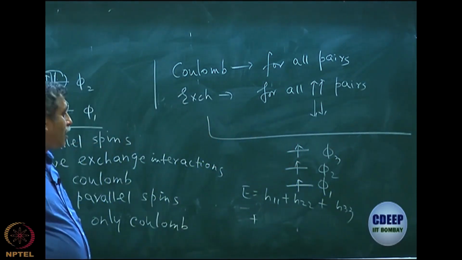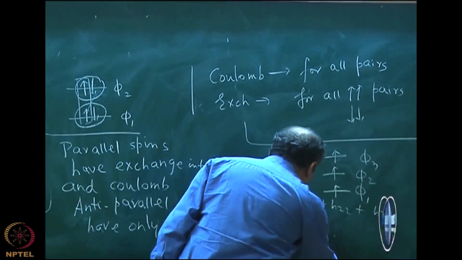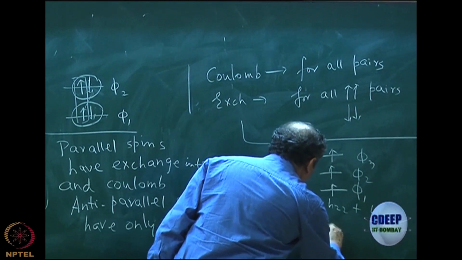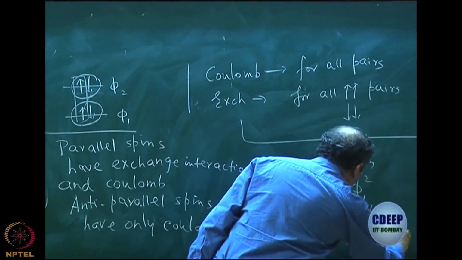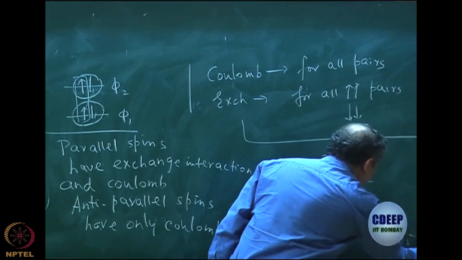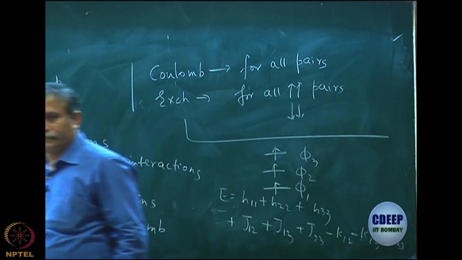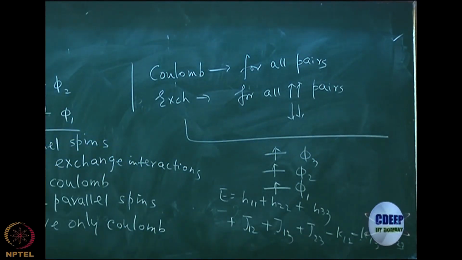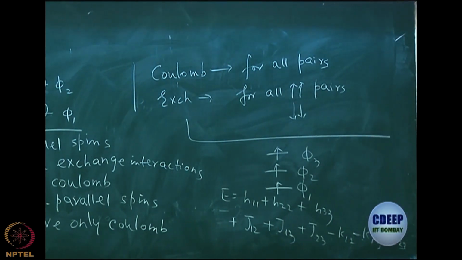What will remain now? They are all parallel, so everything will remain. So I will have J12, J13, J23 minus K12, minus K13, minus K23. Everything will remain, because all pairs are now parallel pairs. So Coulomb doesn't get anything extra.